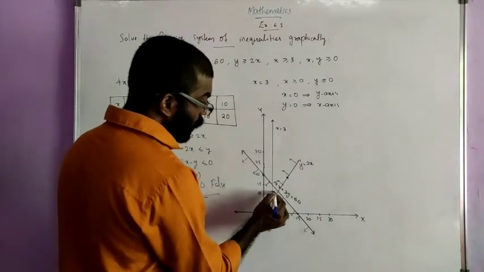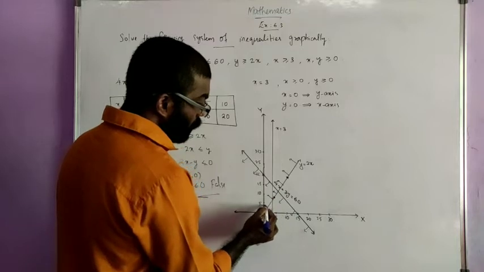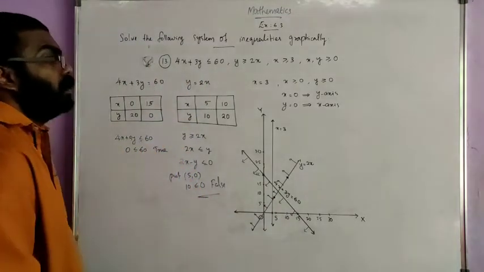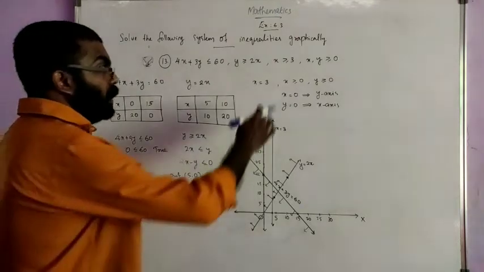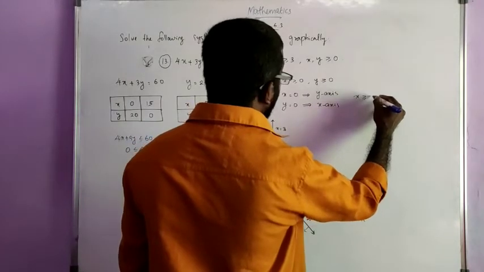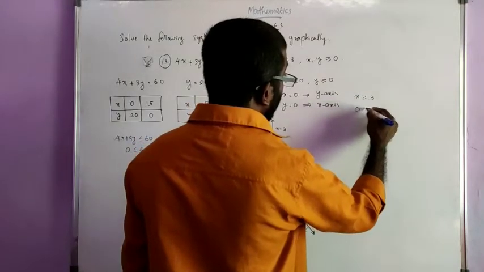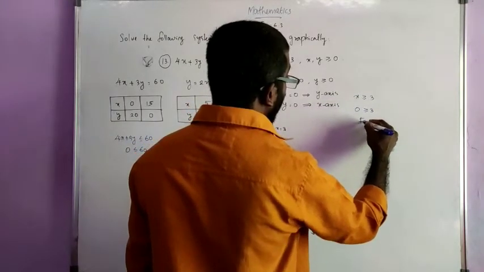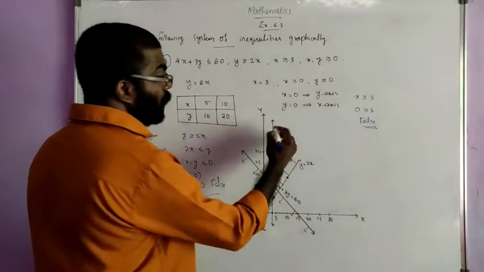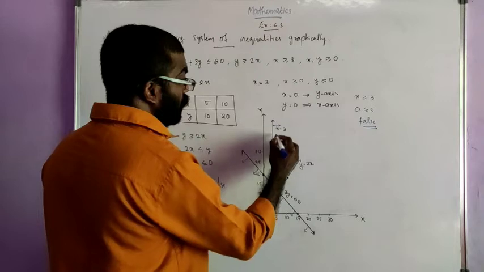That portion we can mark. And the next one is x greater than or equal to 3. So 0 greater than or equal to 3, it's a false statement. So the right part of this line we can mark.